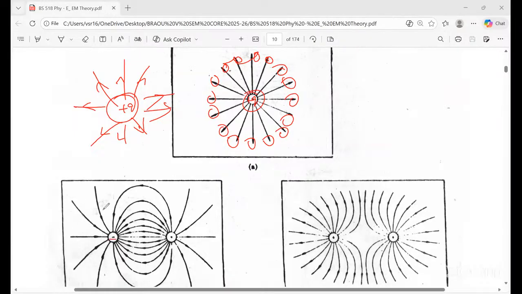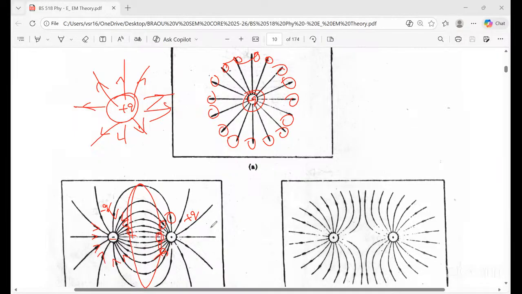Here, one is a negative charge, another one is a positive charge. Positive charge outwards, going out. Negative charge inwards. So that there is attraction between them.